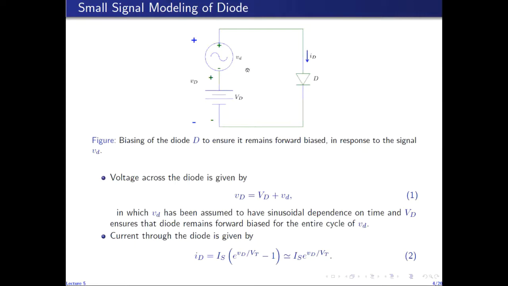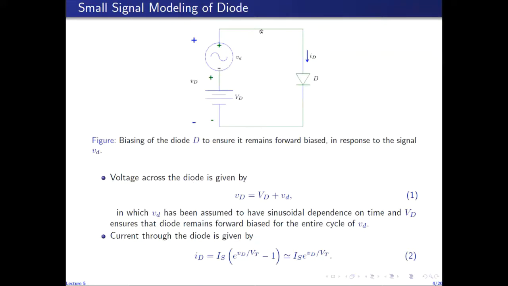So the diode is excited with this small vd as an AC source, which in response generates small id current through the diode. So the AC voltage across the diode is small vd, and the current entering the positive terminal of the diode is small id.